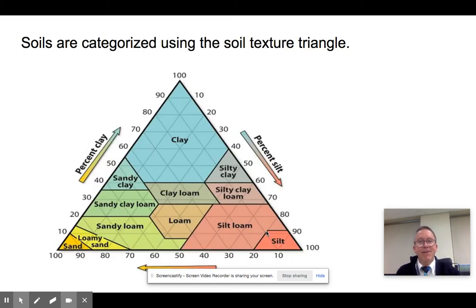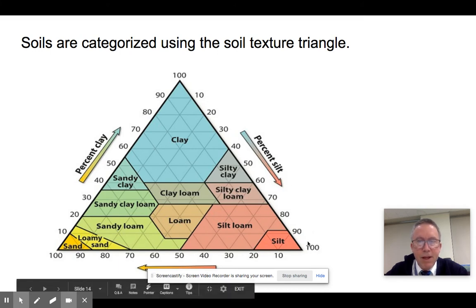Now, you've got to learn how to read one of these charts. At first they just seem like a mystery, but I'm here to help you, and they're actually kind of cool. The idea is we have three different members: silt, sand, and clay. We're going to start here. This over here is our silt side. Notice we have the number 100. This is 100% silt and 0% sand.